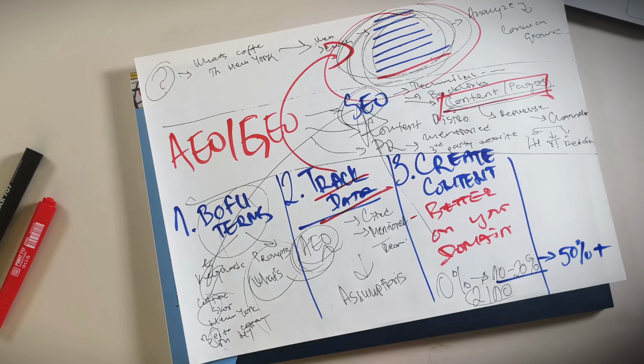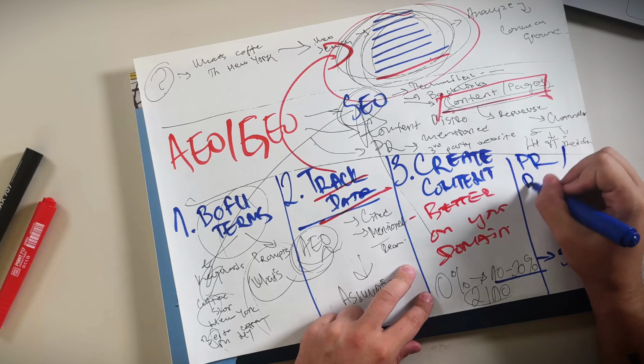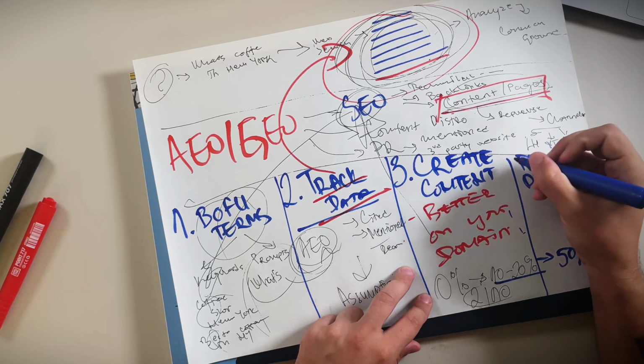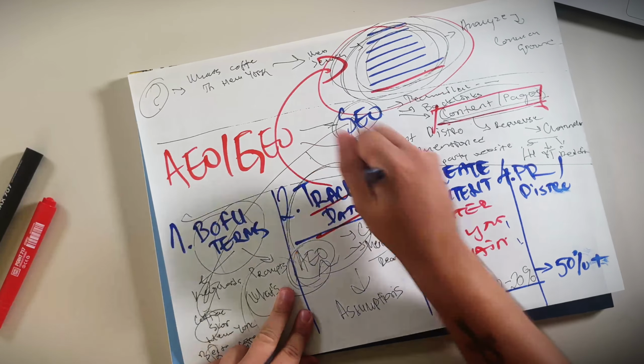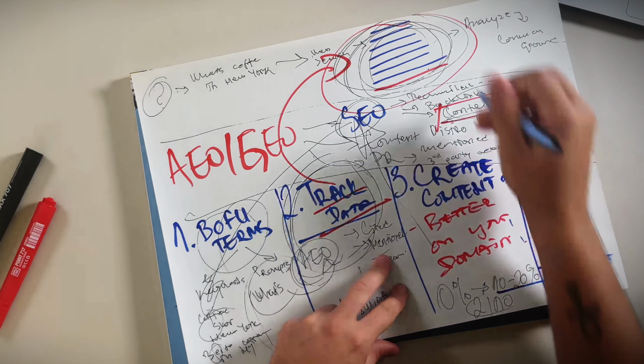And this is where our PR and distribution come into place. And that's the step 4 of our 4-step framework, which is getting your brand mentioned on other websites that are cited by AI and getting your content distributed on other websites that are cited by AI. This is also why tracking data, again, is so important, so you can identify what are all of these 10 links.